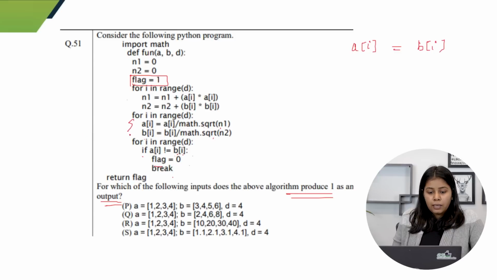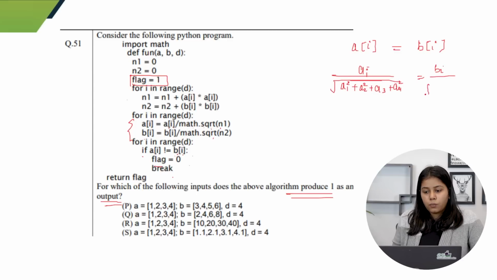And what is a_i? a_i is basically a_i upon square root of n1, and n1 is a1 square plus a2 square plus a3 square plus a4 square, square root of this, and this equals b_i, which is b1 upon the square root of b1 square plus b2 square plus b3 square plus b4 square.